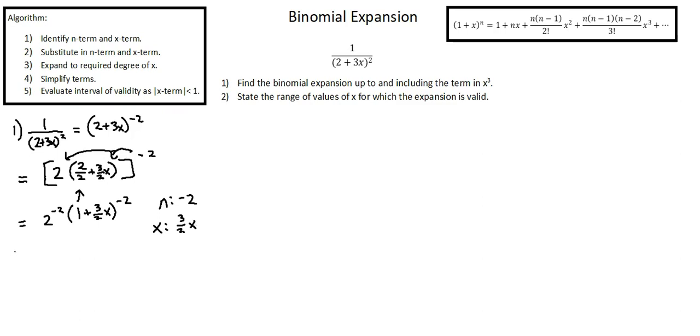With those terms, we can go to step 2, substitute in n term and x term. Recall that the entire expression is going to be multiplied by 2 to the power of negative 2, which simplifies to 1 over 4.